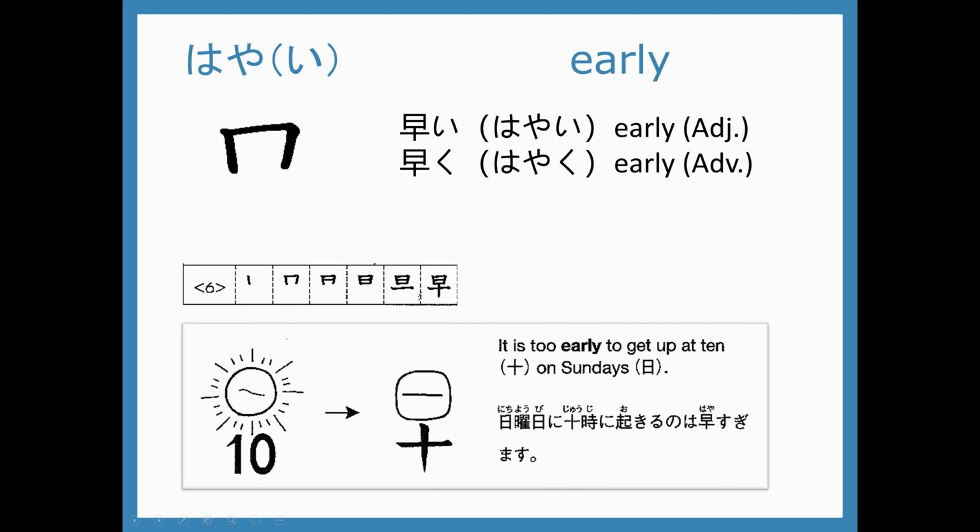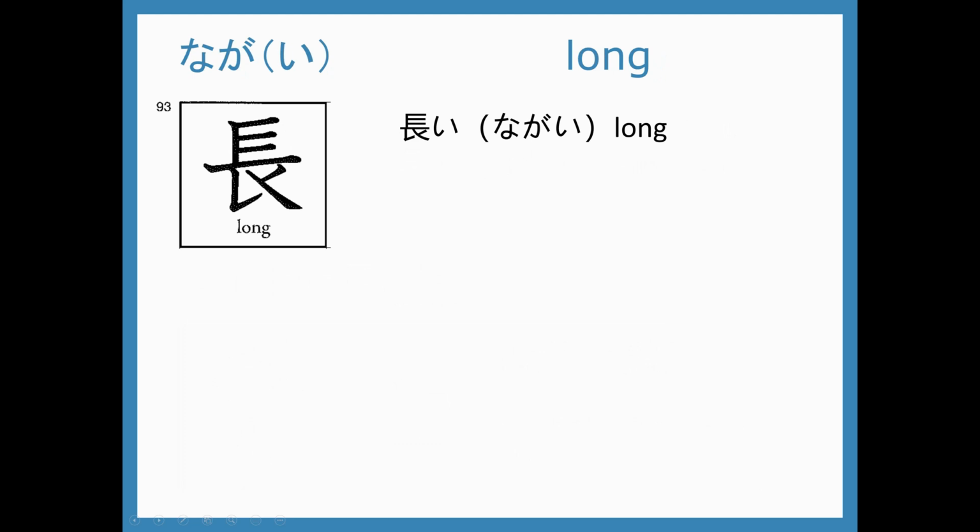So, let's write it together. 1, 2, 3, 4. 日曜日の日. で、1, 2. もう一度。1, 2, 3, 4, 5, 6. もう一度。1, 2, 3, 4, 5, 6. 早いの早。早いの早く。Our next kanji is 長い.